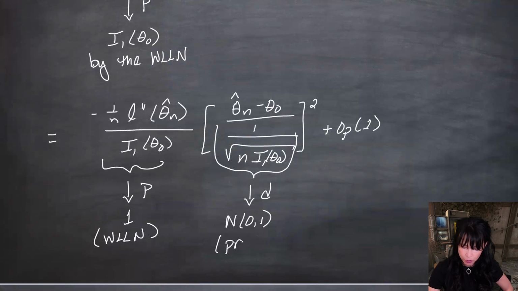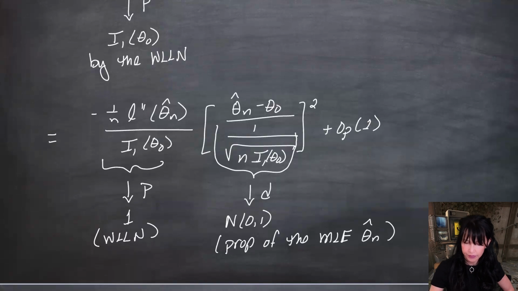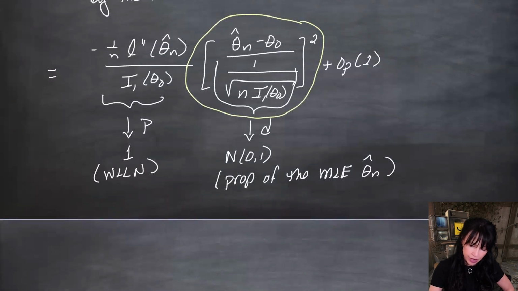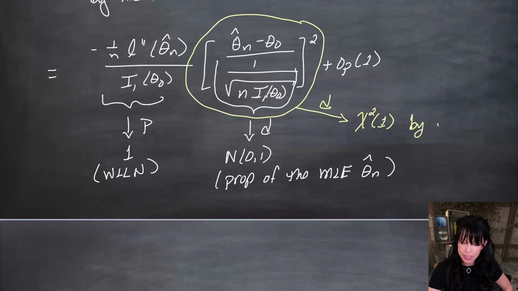This is a property of the MLE theta n hat. Therefore, the entire thing, if you include the square, is converging in distribution to whatever a normal 0, 1 squared is, which is the chi-squared distribution with 1 degree of freedom. And this is by the continuous mapping theorem.